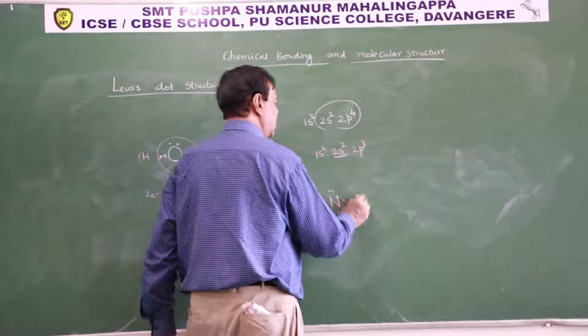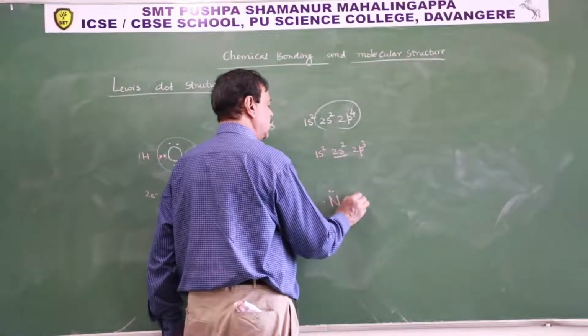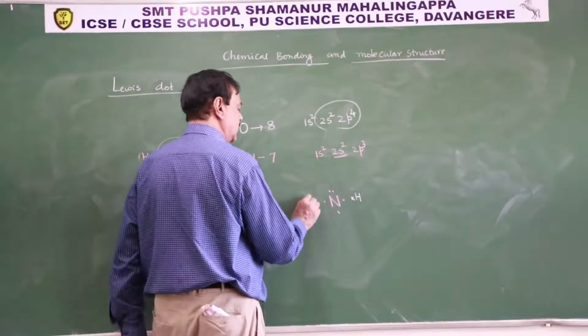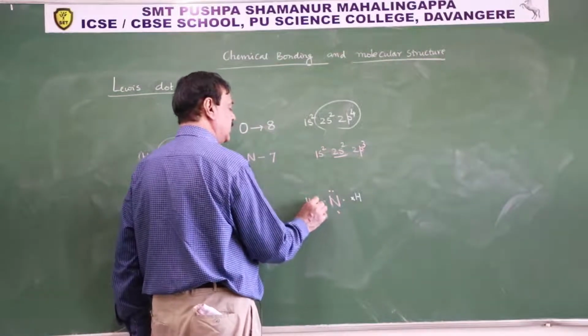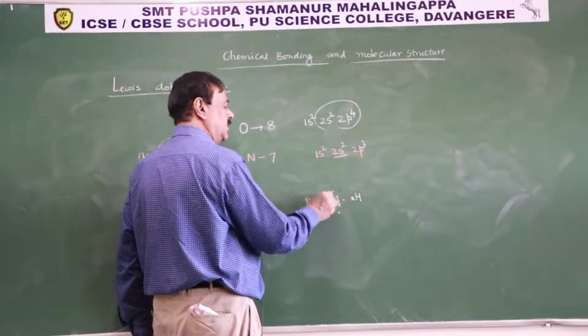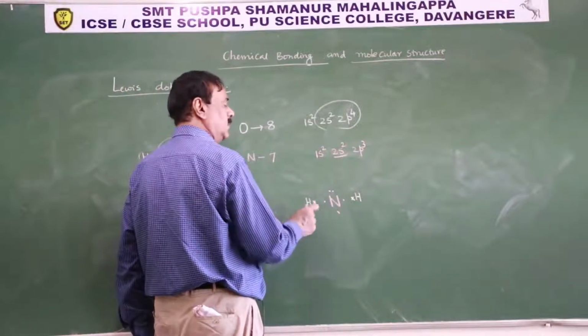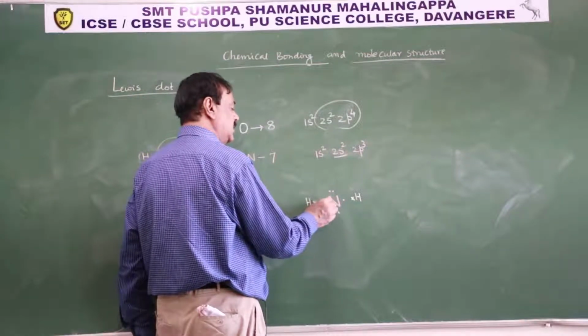Now, each hydrogen has 1 electron, and here these 3 electrons are there.